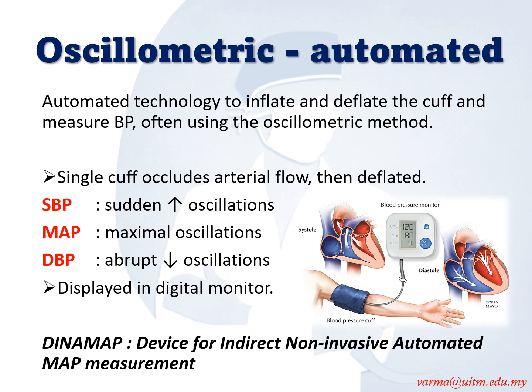The oscillations and their correspondence to systolic blood pressure, MAP, and diastolic blood pressure are the same. This oscillation is amplified, processed, and displayed on the digital monitor in numerical form. The oscillometric automated method is known as Dinamap, a device for indirect, non-invasive automated MAP measurement.